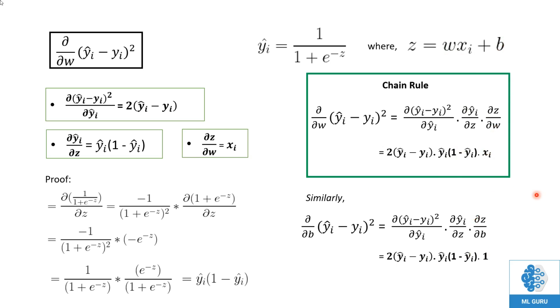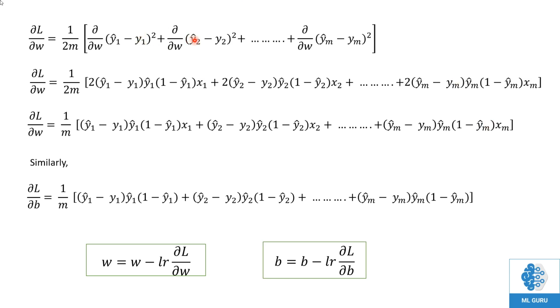Now once we have calculated this partial derivative for the ith term, we can substitute it for all the terms in this summation. So here I have only substituted the value of i, which varies from 1, 2, 3, and so forth up till m. Now comes the point where I will tell you why we had added this 2 in this loss function, because as you can see, there is a 2 common in all the terms in this summation.